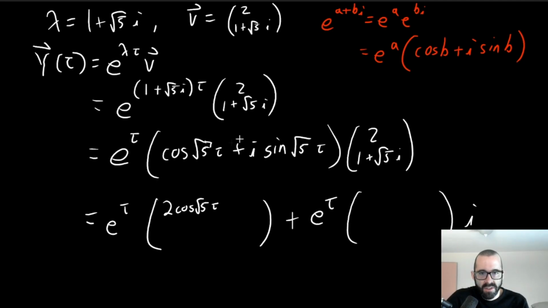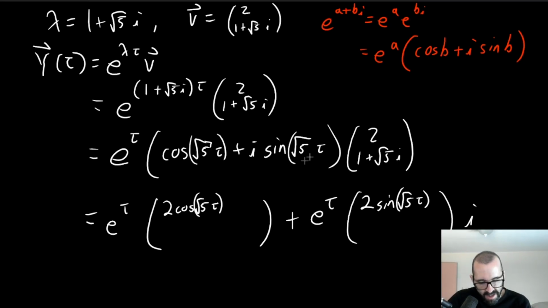Yeah, because it's just 2 times this plus 2 times that. So this will be, again, 2 times the imaginary part, which is sine of root 5t. Oh gosh, let's not write it that far out. And I really should put parentheses, right? Because we should make sure that it's obvious that the t is inside of the cosine and the sine too. So much room for ambiguity here. Lovely.